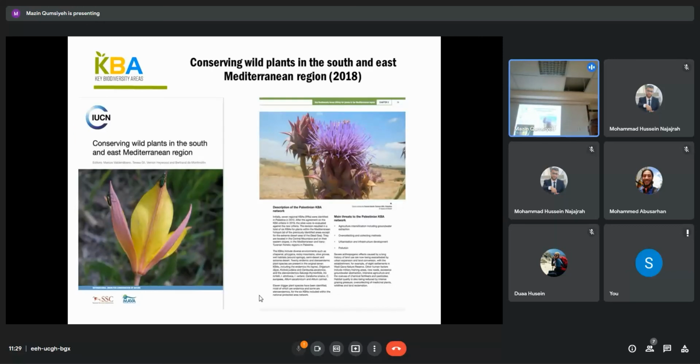We have another publication that could be of interest for you, even if it is not only on KBA but also on plant conservation. It's conserving wild plants in the South and East Mediterranean region, exactly the same region. We published that in 2018. It's more recent.